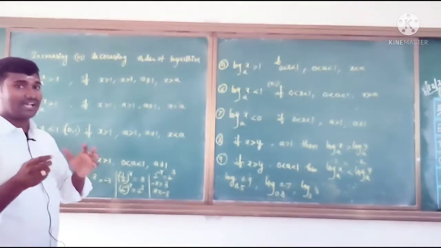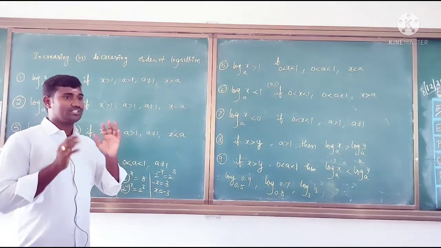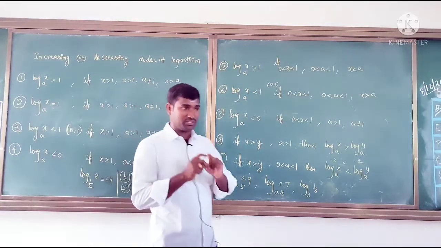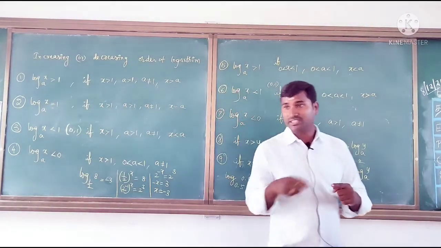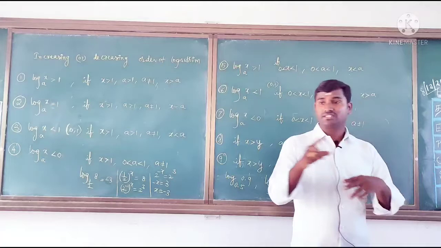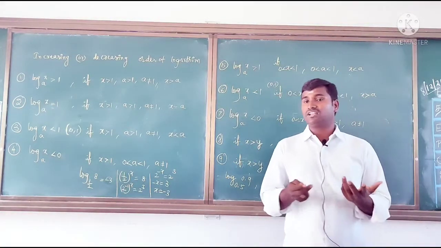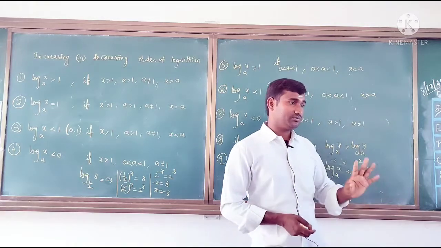Okay, so which logarithmic numbers are equal to 1? Which logarithmic numbers are greater than 1? Which logarithmic values will give less than 1? Which logarithmic values will give less than 0? Four conditions only.